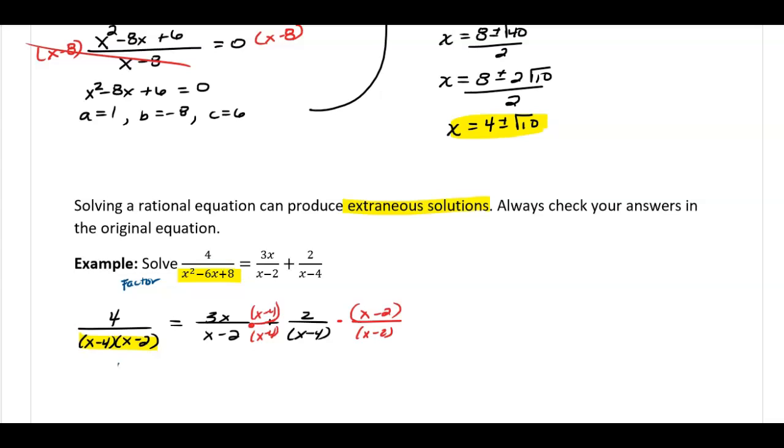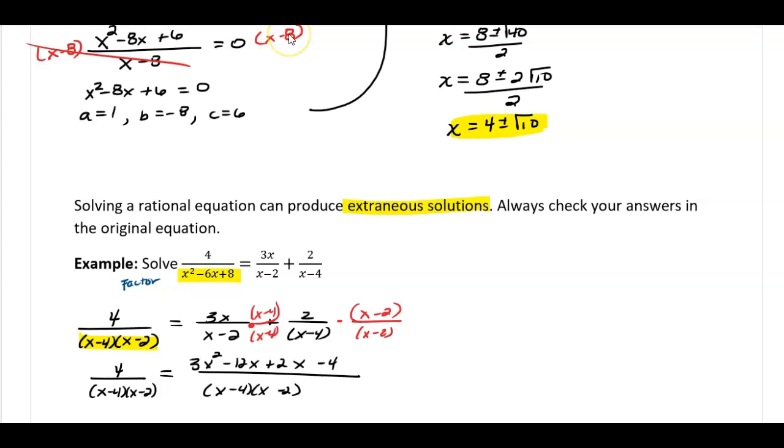All right, so now we have 4 over x minus 4, x minus 2 equals 3x squared minus 12x plus 2x minus 4 over x minus 4, x minus 2.